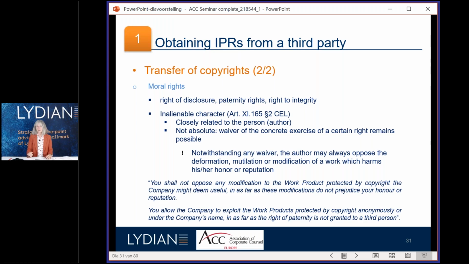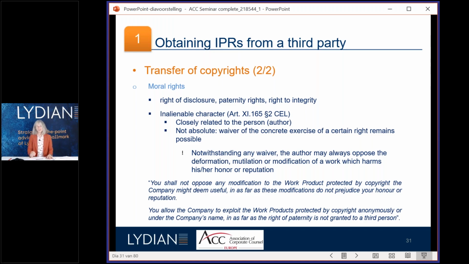When you work with some architect, you really need to have this possibility to modify. And what we do in Belgium, in fact, Belgium is a compromise country, typically the Belgian approach, is that you could waive some specific modalities of your rights.